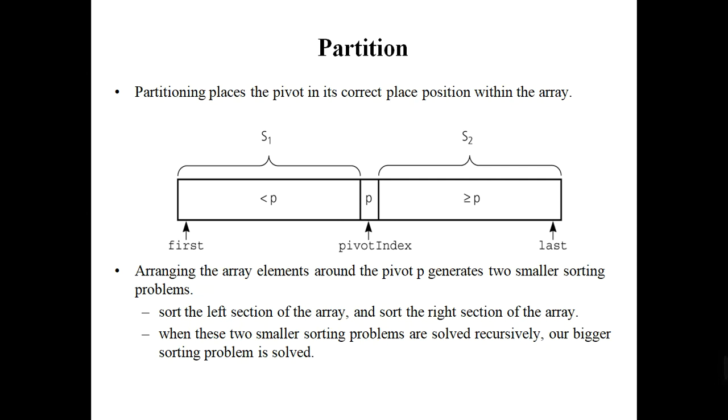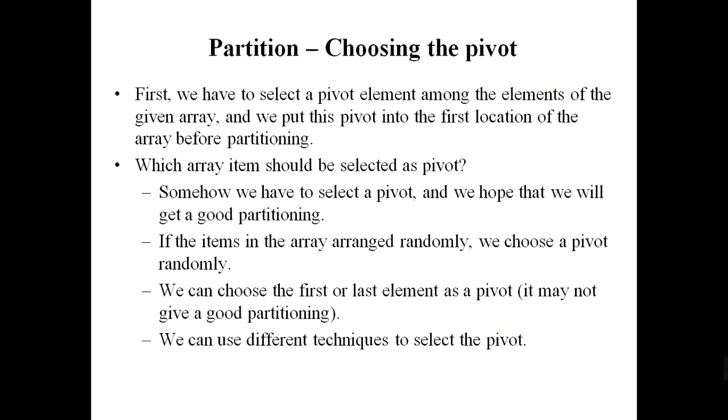Based on the pivot index, you apply the less than or greater than process, and then use the left and right sections separately. When these two smaller sorting problems are solved recursively, our bigger sorting problem is solved. You then go to the next level, partitioning and choosing the pivot.